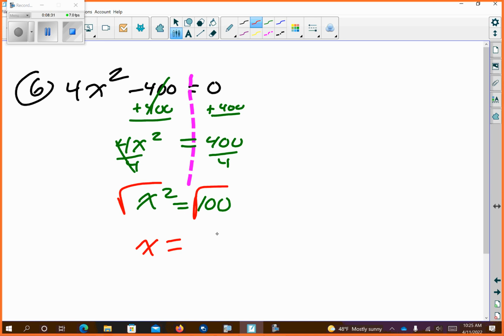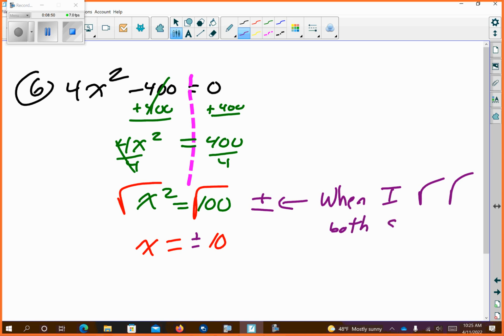What's square root of 100? But I took the square root of both sides, so what should you not forget? The plus minus. Good. So, I'm going to put a little note. Maybe you put this on yours. When I root both sides, don't forget plus minus.